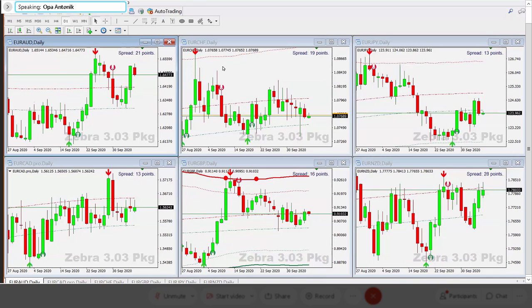You can jump in on a channel dot followed by an alert and get in at the close of that alert, or on a daily chart, if you get an alert that is not following a channel dot, wait for the confirmation and then take the trade at the end of the day at the closing price of that confirmation period and target one-to-one, but always make sure that if you get, and again, you just look at the chart.